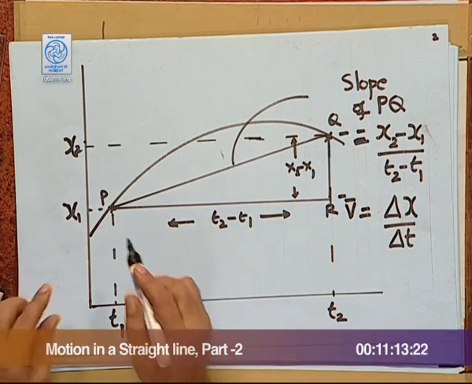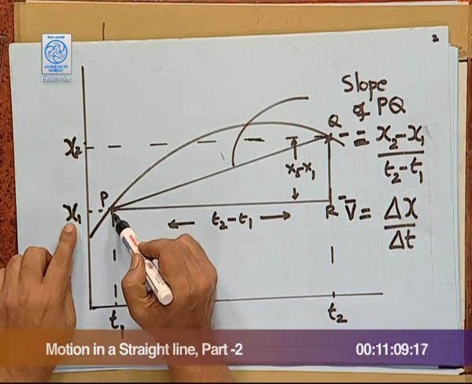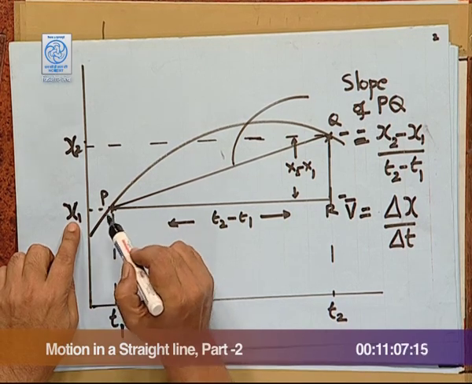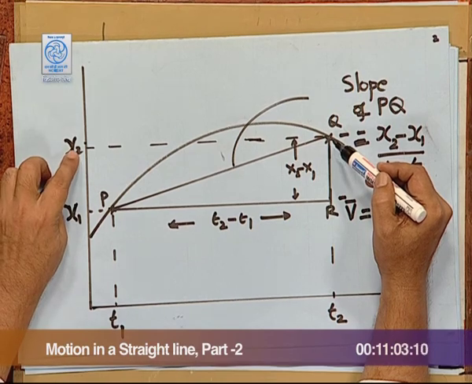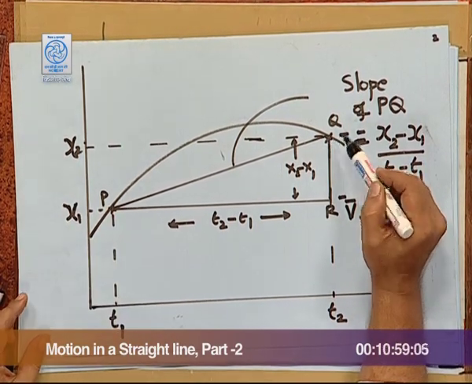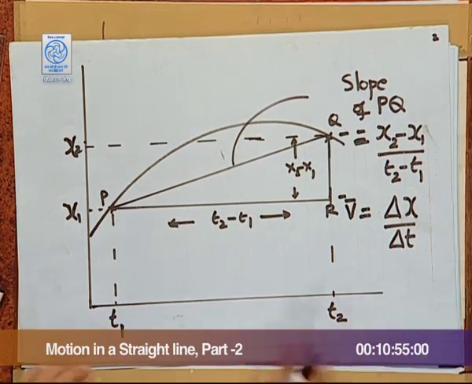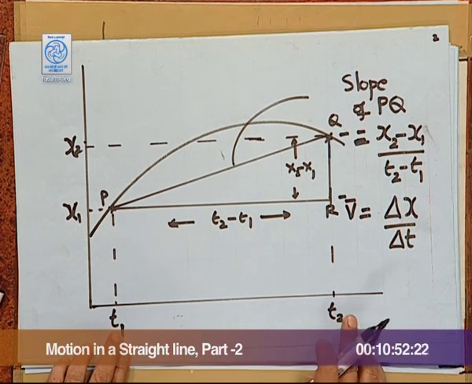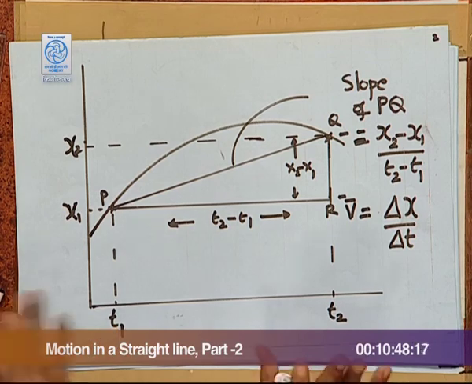Let us look at some portion of the graph which I am indicating here. At time t 1, the position coordinate is x 1. At time t 2, the position coordinate is x 2. The positions are indicated as p and q in this graph. Now, it means the position has changed from x 1 to x 2 in the time interval from t 1 to t 2.